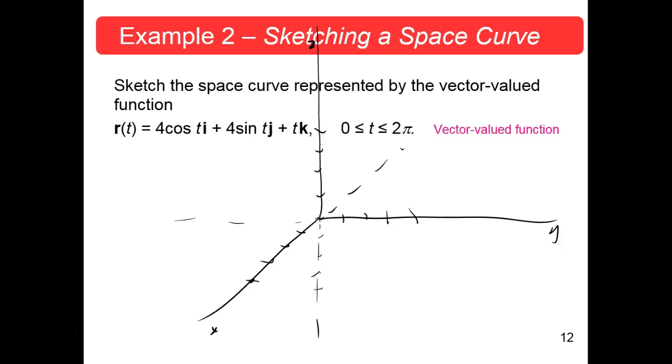All right, let's move to t equal pi halves. Cosine of pi halves is 0. Sine of pi halves is 1. So you go 0 on x, 4 on y.